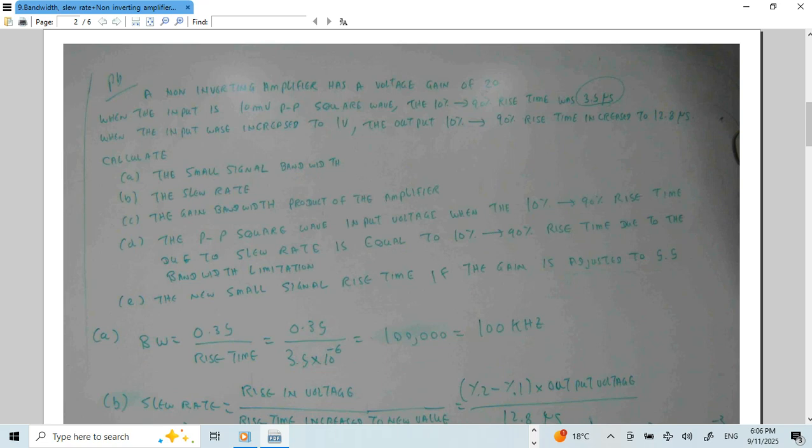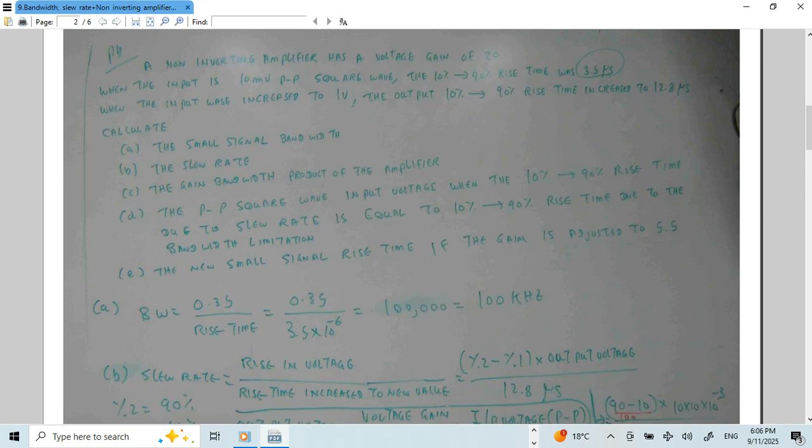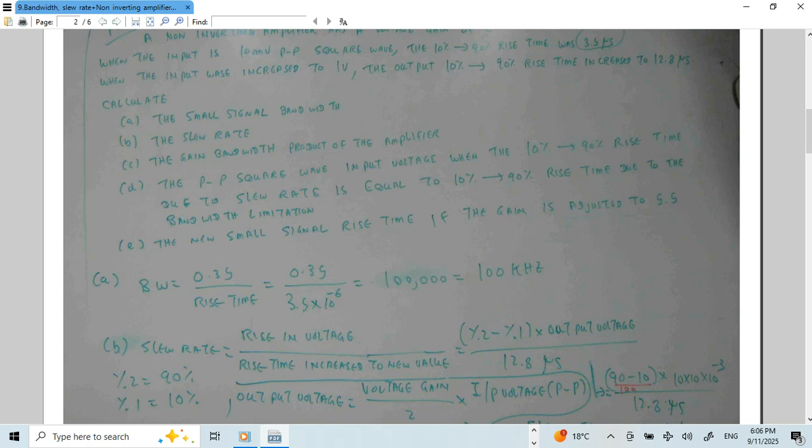So we have to calculate the small signal bandwidth. First, we calculate the small signal bandwidth. Bandwidth is equal to 0.35 divided by the rise time. The rise time is 3.5 microseconds, so we substitute 3.5 times 10 to the power minus 6.